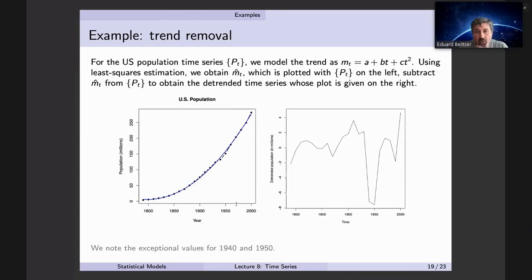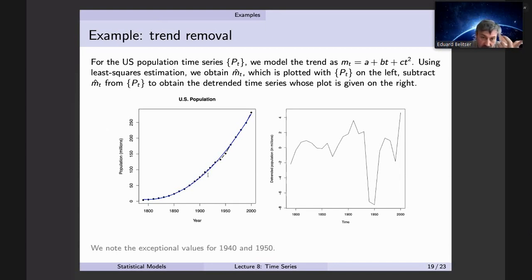Okay, let's have a look at the examples. Let's remember this US population. To me it looks like exponential, but it also could be quadratic. Let's just think it's quadratic, and try to model the trend as a quadratic function, a plus bt plus ct squared.